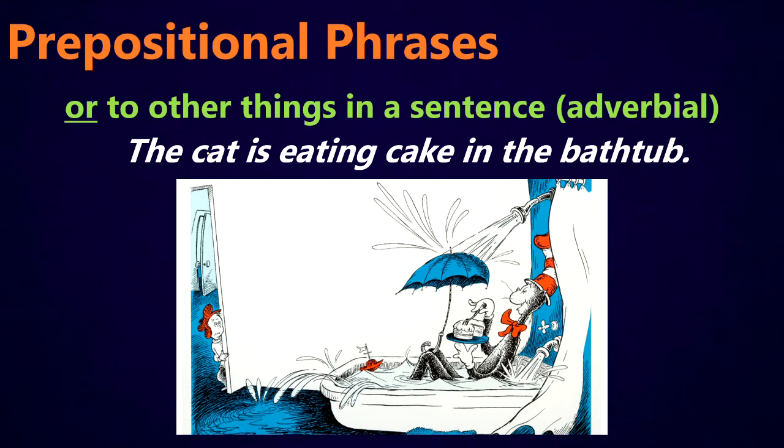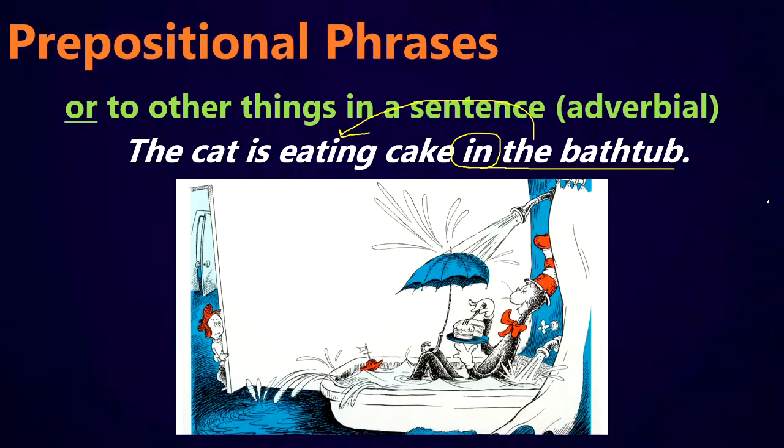For example, if we say the cat is eating cake in the bathtub, even though the sentence looks almost the exact same and we're still using the same prepositional phrase in the bathtub, in this sentence, in the bathtub is not describing the cat because the cat is way over here.